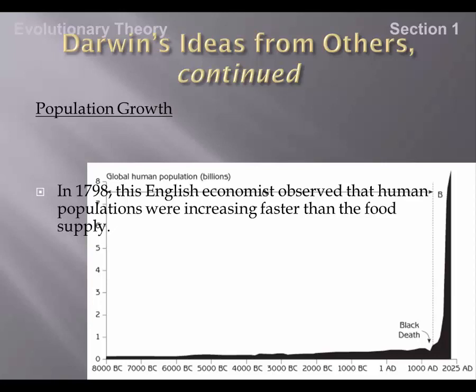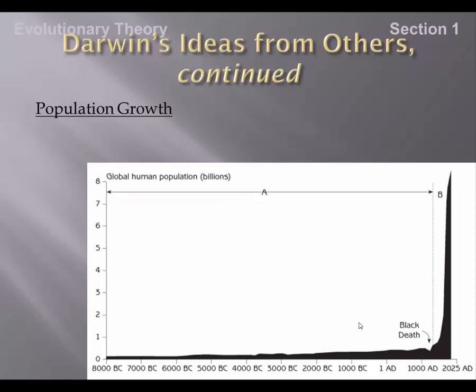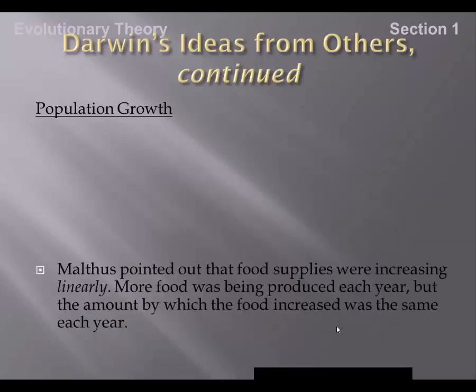You can see this exponential growth curve that occurs with the human population right about the time that Darwin was doing a lot of his studying. Malthus pointed out that food supplies were increasing linearly. That should be a science term you're used to. More food was being produced each year, but the amount of food was not increasing at the same rate at which the human population was increasing.